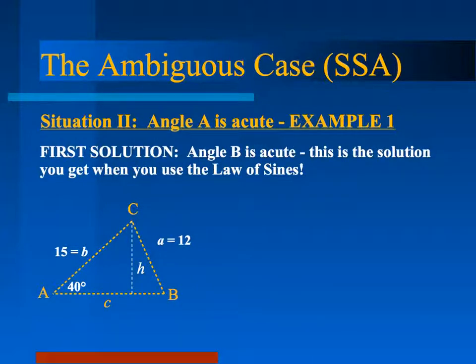So in our first triangle here, we will solve just as if we were using the regular law of sines to find angle B, angle C, and little c.